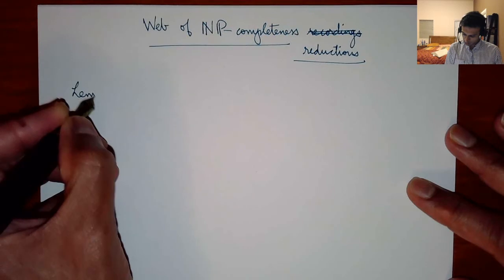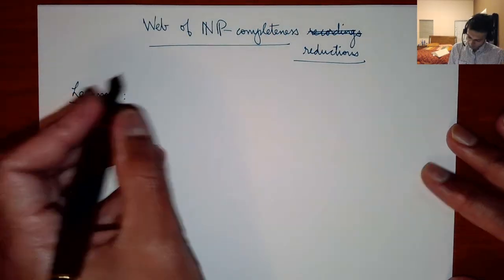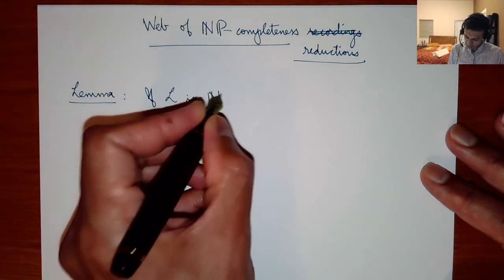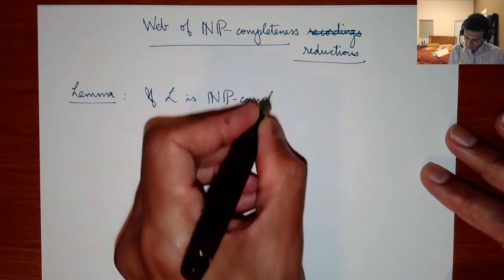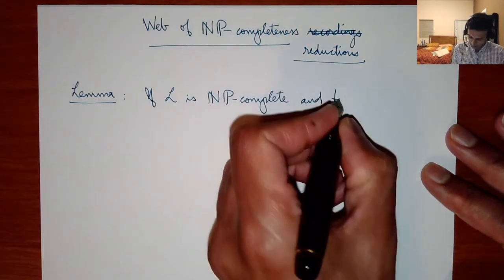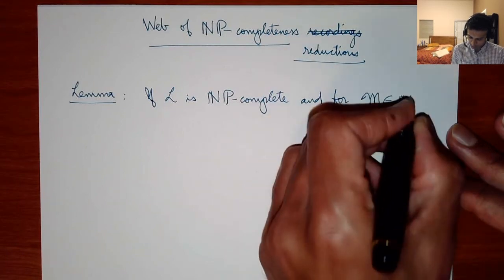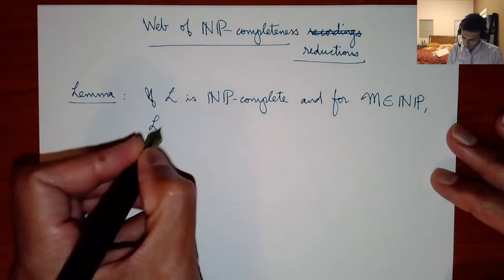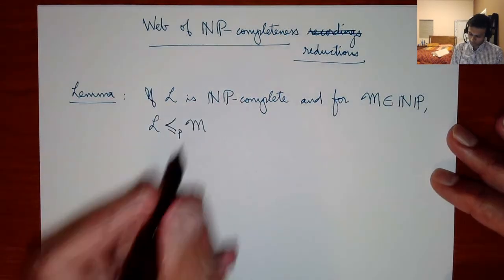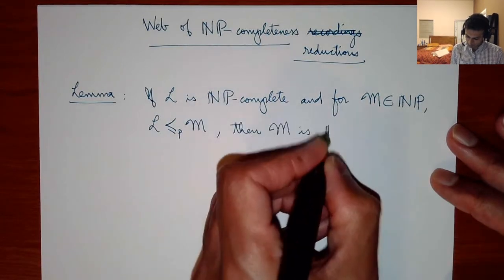This crucial lemma says if L is NP-complete, and for some language M in NP, L reduces efficiently to M, then M is NP-complete.